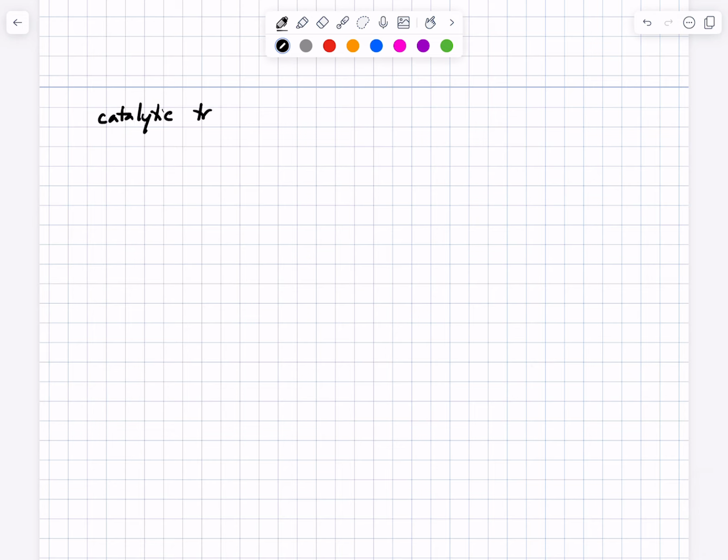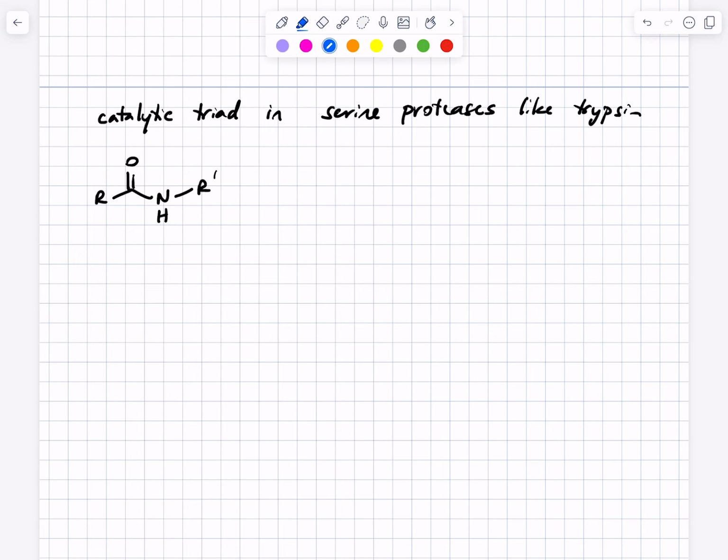So, the catalytic triad in serine proteases like trypsin. Draw the amide bond between your, and this is one of the amide bonds in your molecule. So let's suppose this is the orange amino acid and this is the blue amino acid.